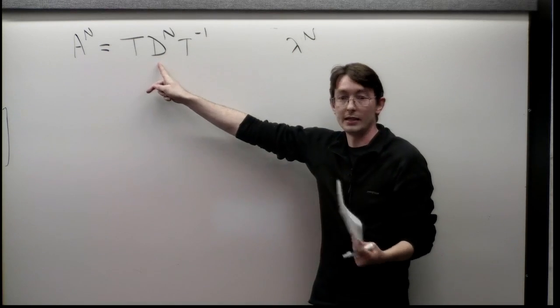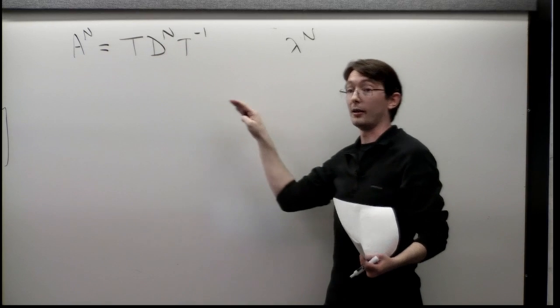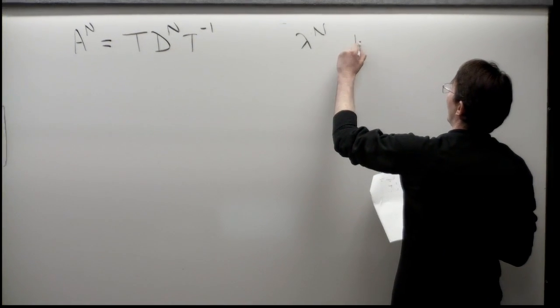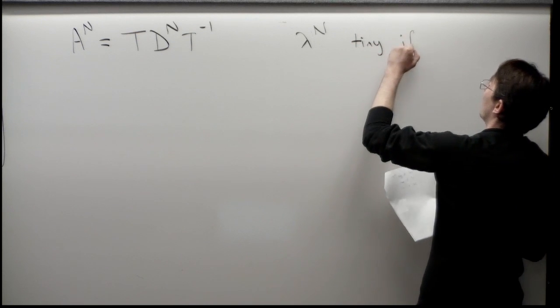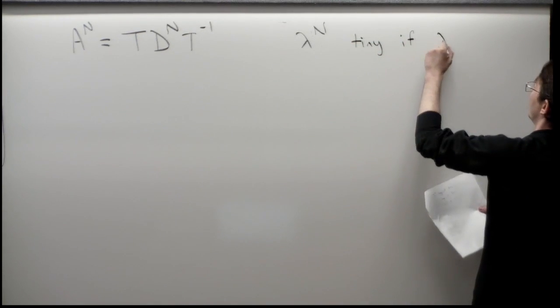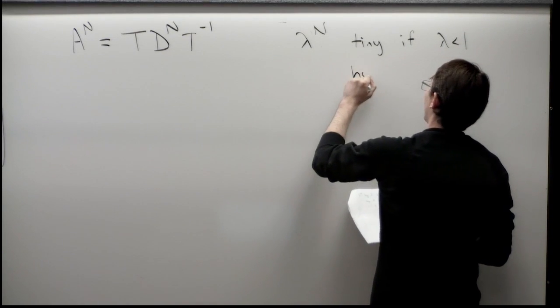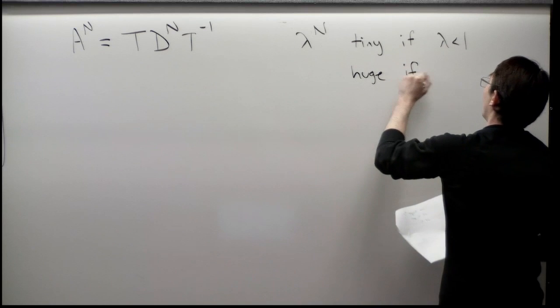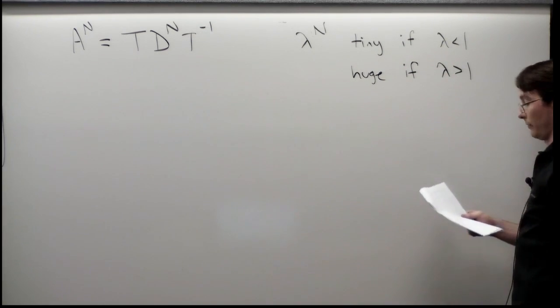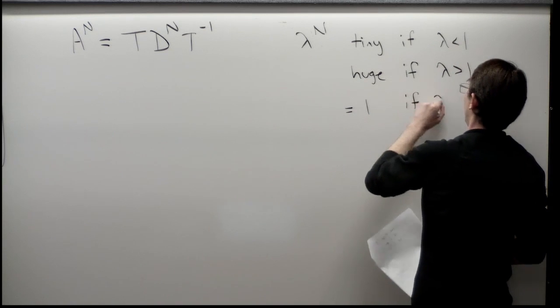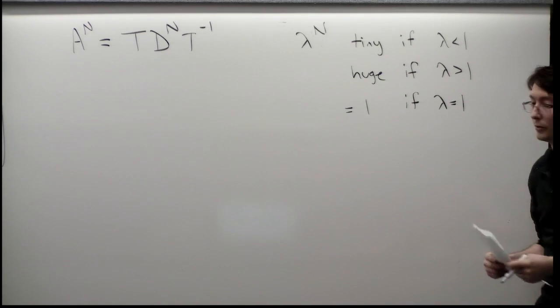That's what D is made of, a diagonal matrix with entries lambda to the n. This is tiny if lambda is less than 1. It's huge if lambda is greater than 1, and it's equal to 1 if lambda is equal to 1.